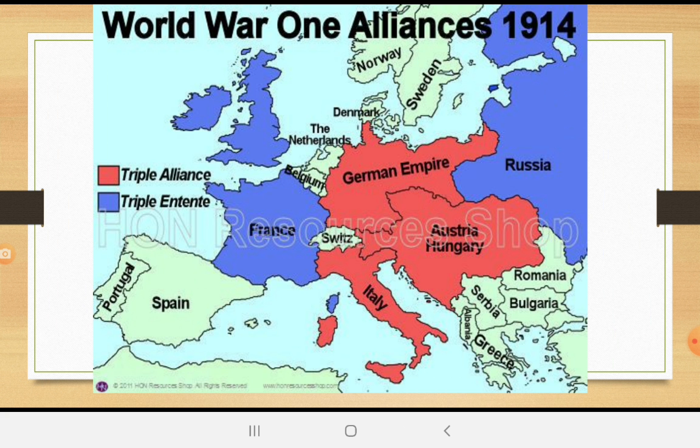In blue, you can find France, Russia, and Britain on the other side as the Triple Entente. These alliances became hostile to each other, hence the First World War.